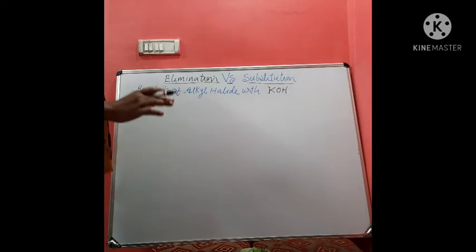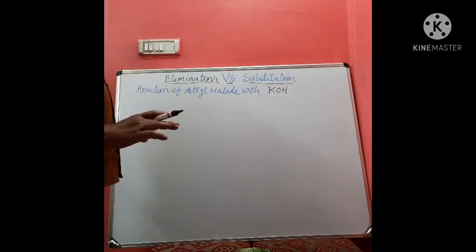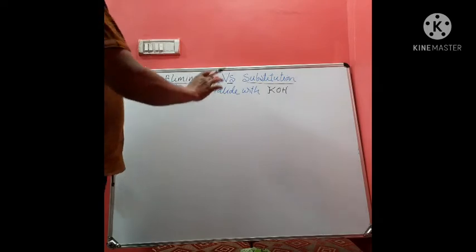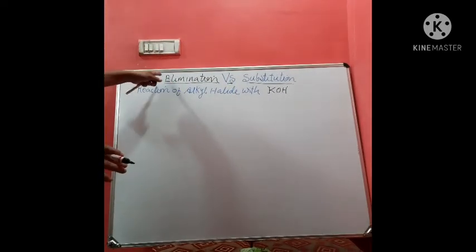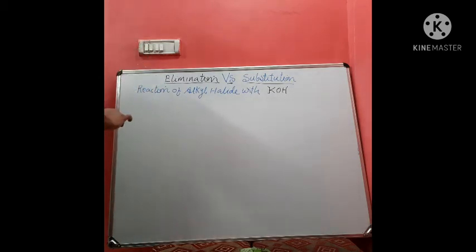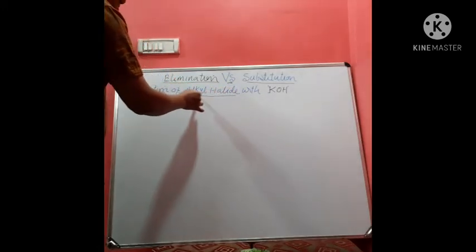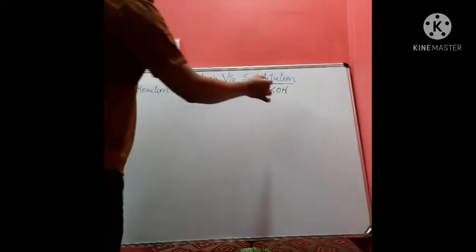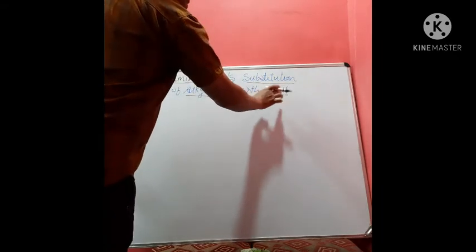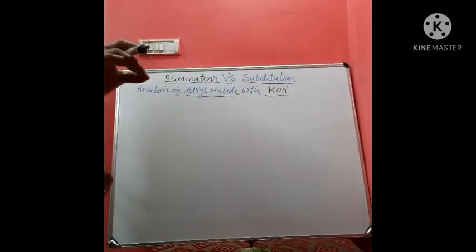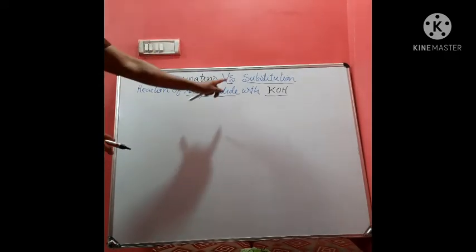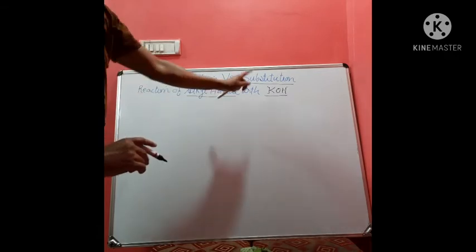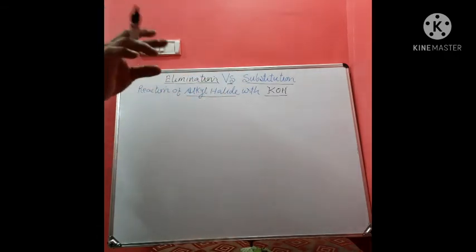Such a reaction is known as substitution reaction, isn't it? In the first period we checked substitution reaction, and today we checked elimination reaction. Now I am giving you a reaction of alkyl halide RX with KOH, but here only KOH is written. Which type of solution is not given. So I am writing the reaction between two compounds with different conditions.